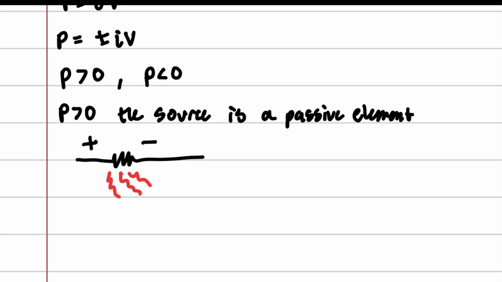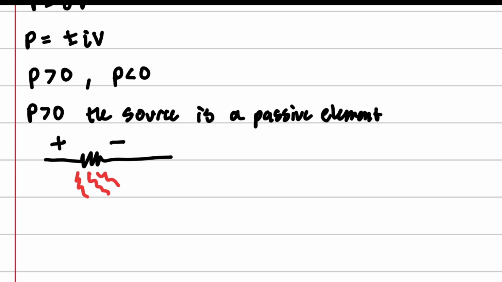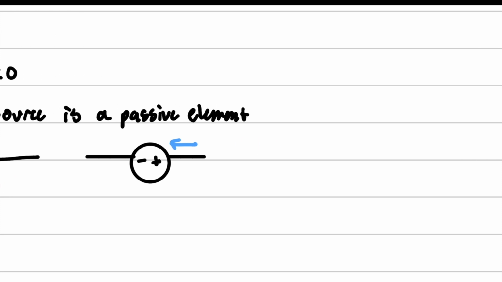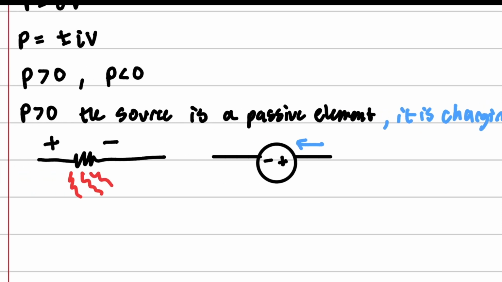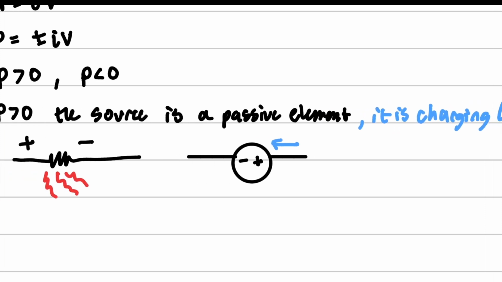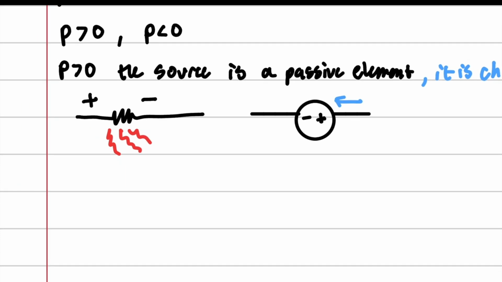And so if you have a voltage source and the current is going into the positive end, then that means that this source is acting as a passive element and it is charging. It is absorbing the energy.